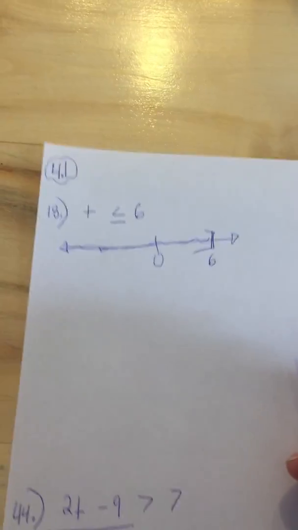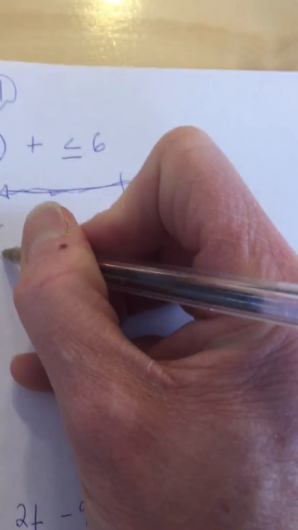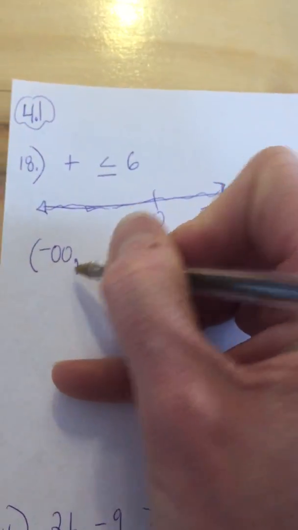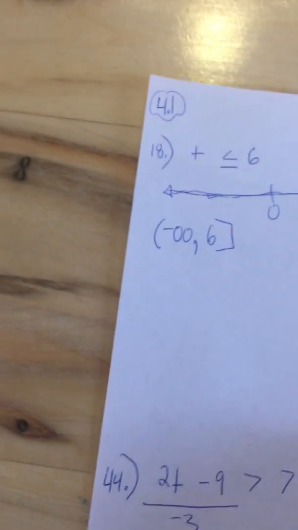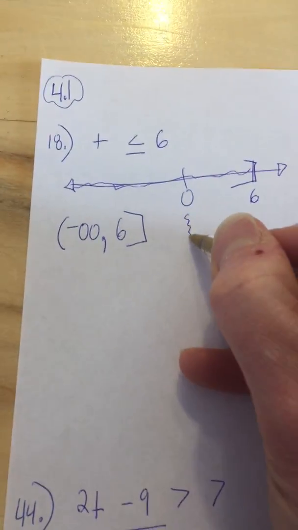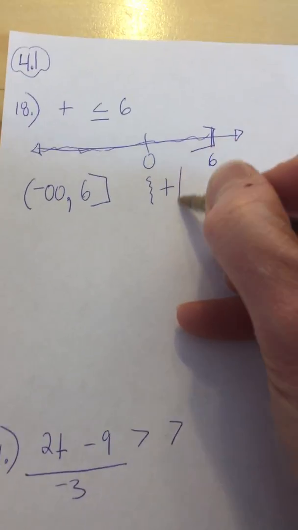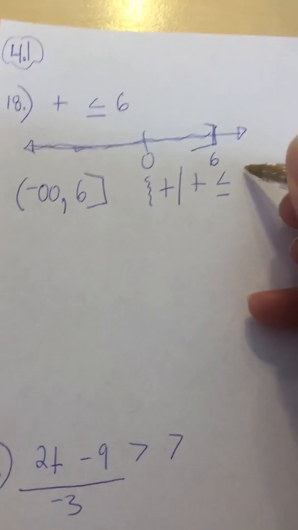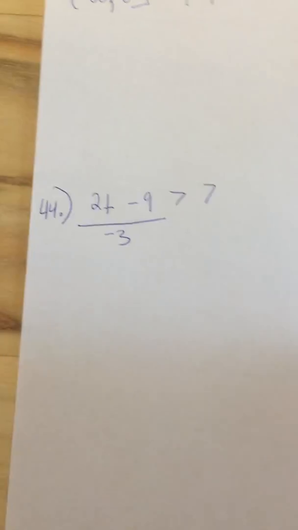In interval notation, I start at negative infinity and go to positive 6, but also include it, so I'm going to put the bracket around it. And for set builder notation, I'm going to say that t is less than 6, but it could include 6. So that's problem 18.